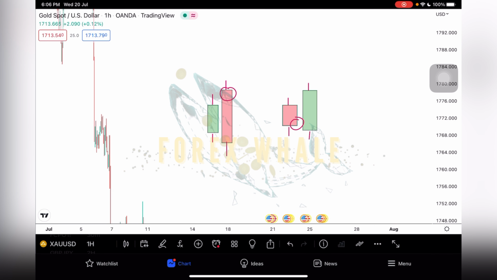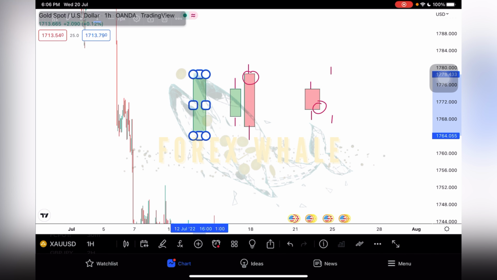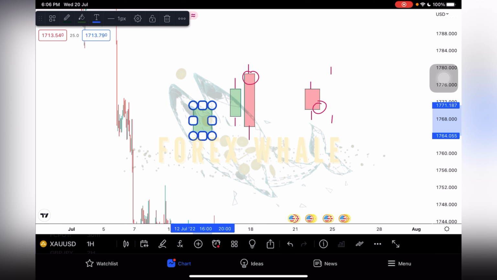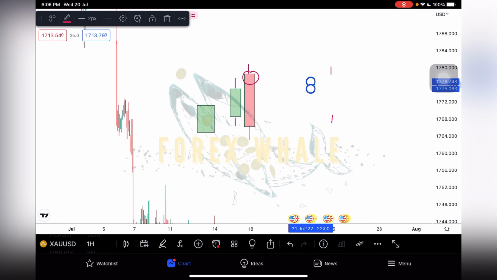I will just show you a situation that price would normally do. Sometimes price would just do this. You see that there is all this bullish candlestick formation until at one point this bearish engulfing is formed.